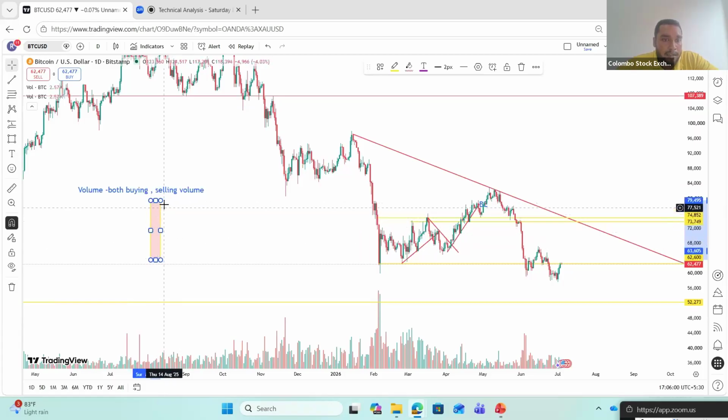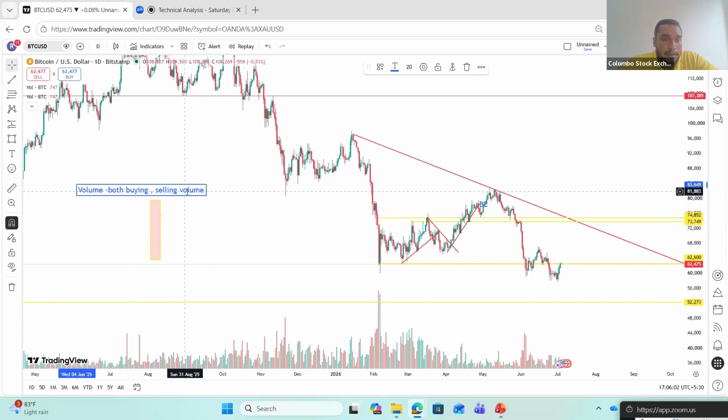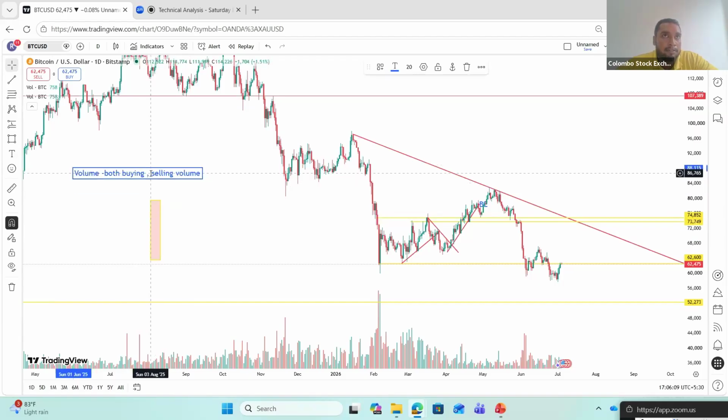But let's assume that both sellers and buyers have equal pressures.